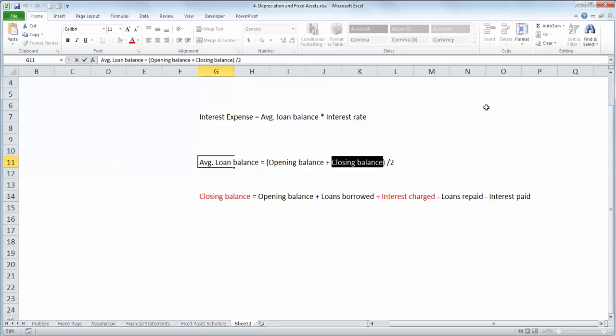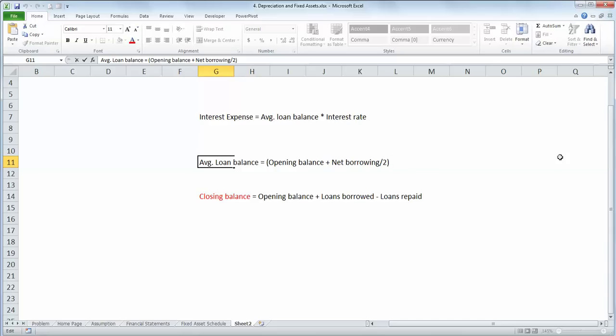As we had discussed in an earlier module, instead of calculating average loan balance as opening balance plus closing balance by 2, we can calculate average loan balance as opening balance plus 1 by 2 of net borrowing. You would notice that this is similar to what we did for depreciation.